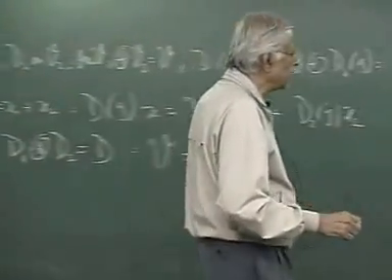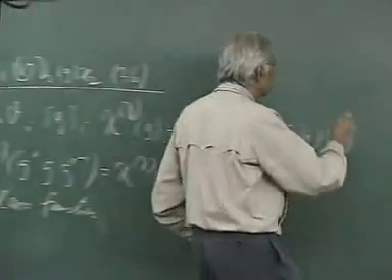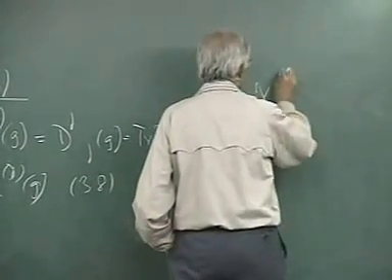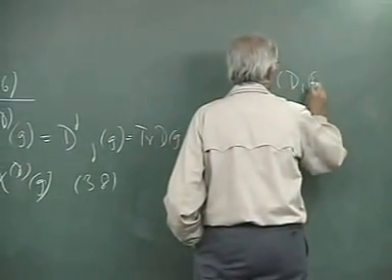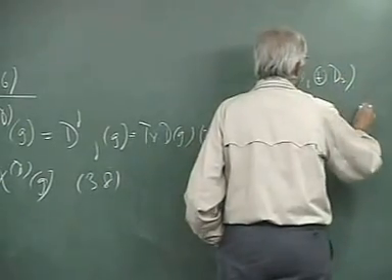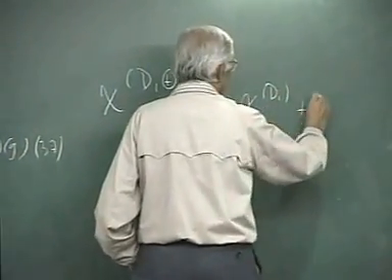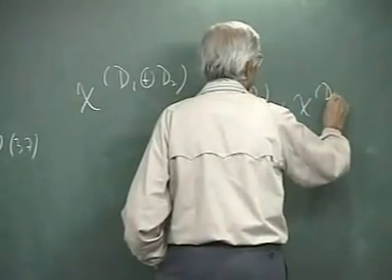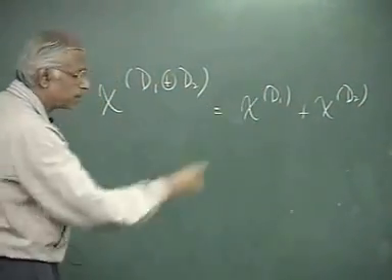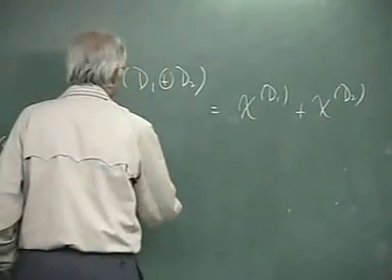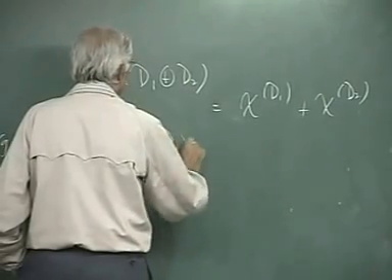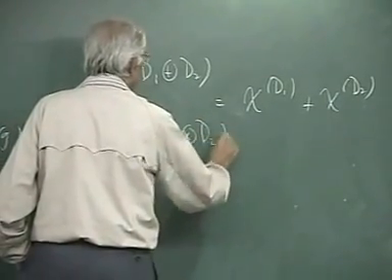I leave it as a very trivial exercise for you to show the following. The character of the direct sum is the sum of the characters at each group element. And what about the direct product, character of the direct product?